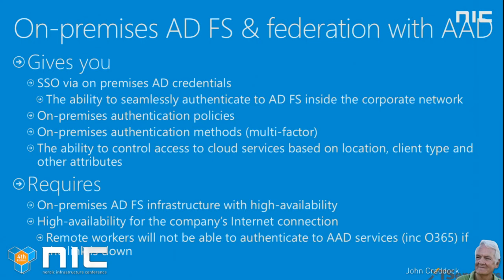Whereas if you did the authentication directly to Azure Active Directory and didn't federate with on-premises, those home workers would be able to carry on working, authenticating, and using the services up in the cloud, even if your company internet connection was down. So that's just something worth thinking about.